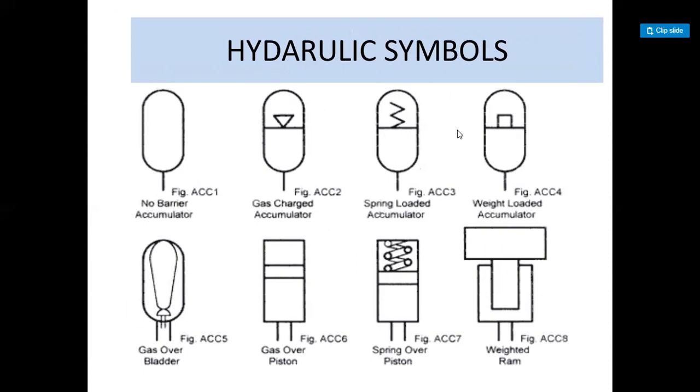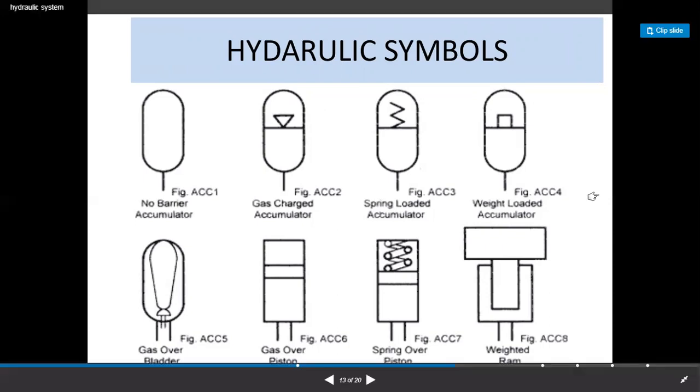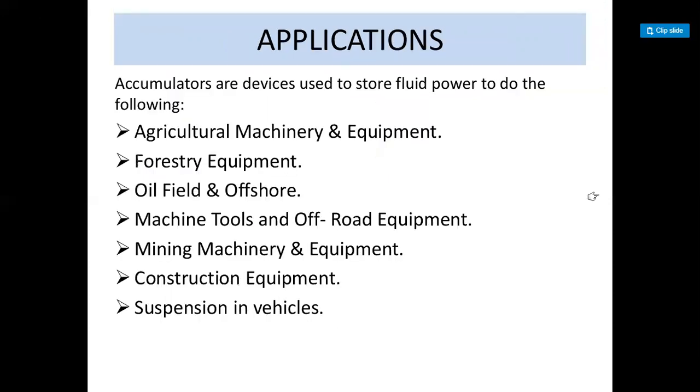These are the different accumulators: one has a spring, one has gas, one is a weight loaded accumulator, one is gas over bladder, and one is gas over piston. These are the symbols of hydraulics. So what are the applications?